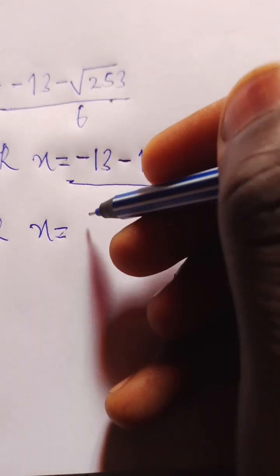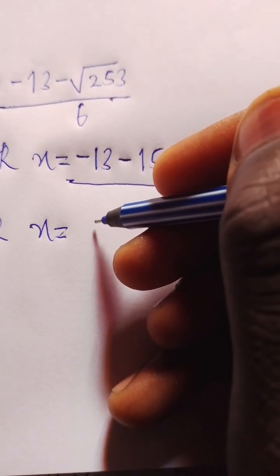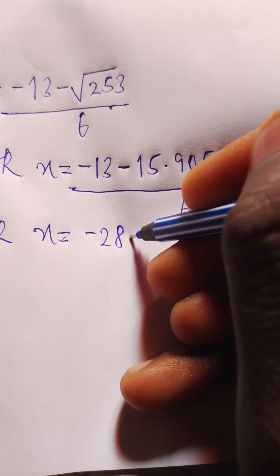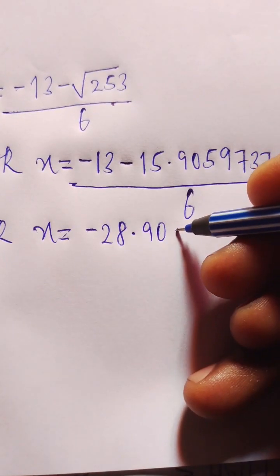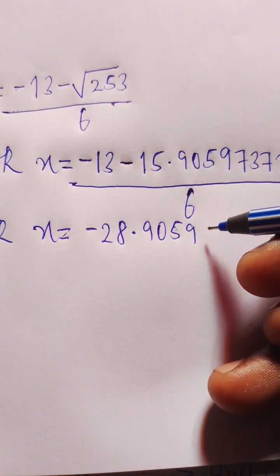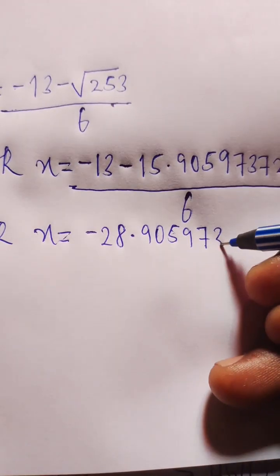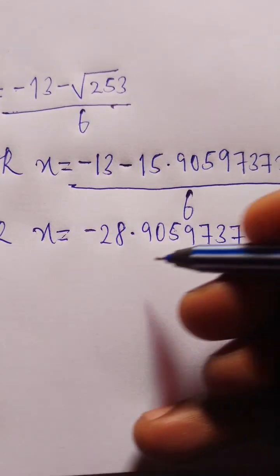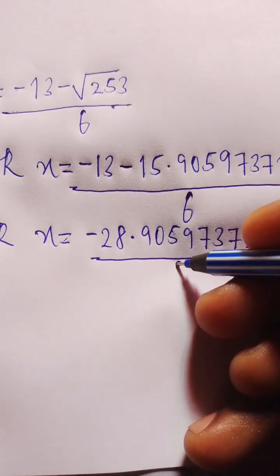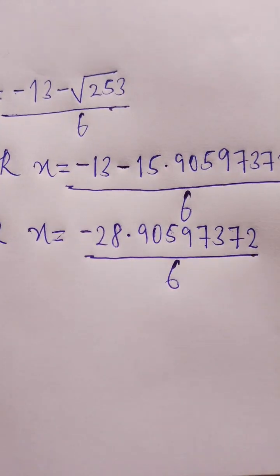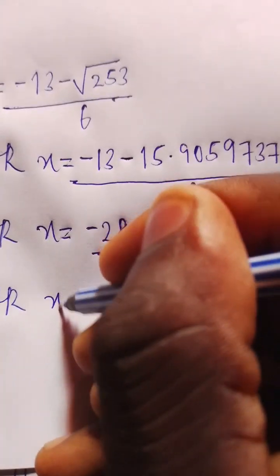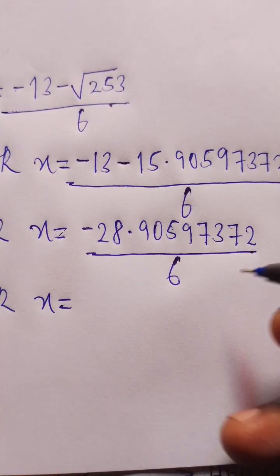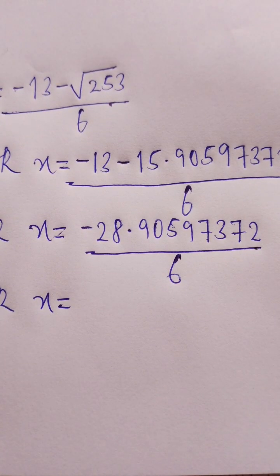So it is giving negative 28.90597372. This is over 6. Then we find the value of x. So we'll just divide by 6.